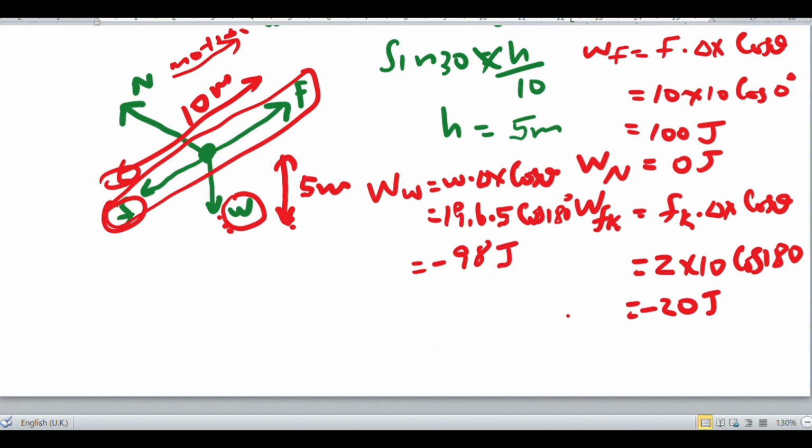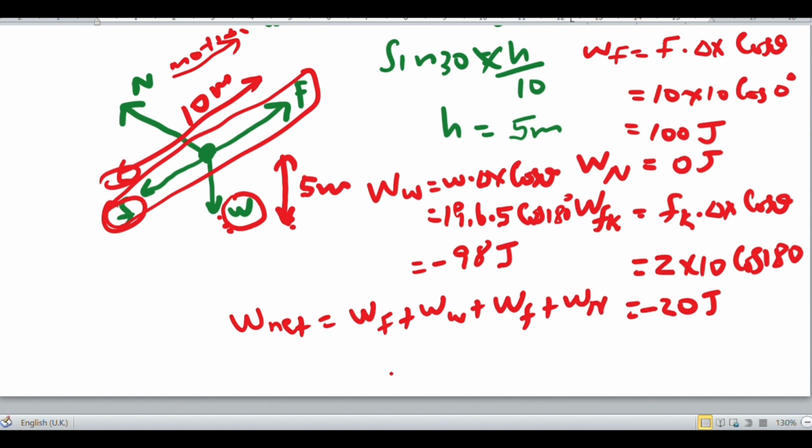Now we are going to combine everything to calculate the net work. The net work done is the work done by force applied, plus work done by weight, plus work done by friction, plus work done by the normal force.